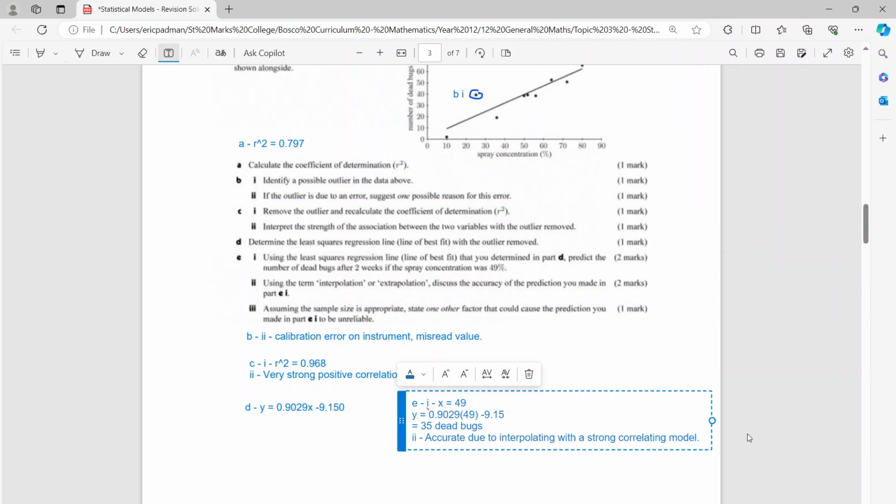Assuming sample size is appropriate, state one of the factors that could cause the prediction you made in part 1. One other factor I'm thinking of is the value removed.